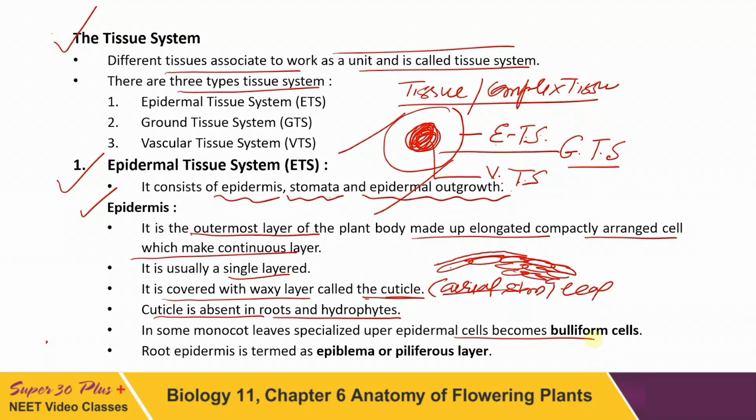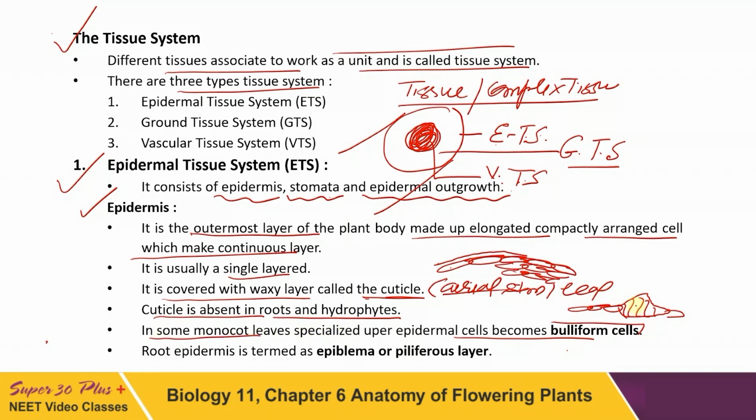We have to see this in detail in the leaf also. But you see here, this is the leaf epidermis. Some of the epidermal cells in the leaf have become large, and these are known as bulliform cells, especially in some monocot leaves.